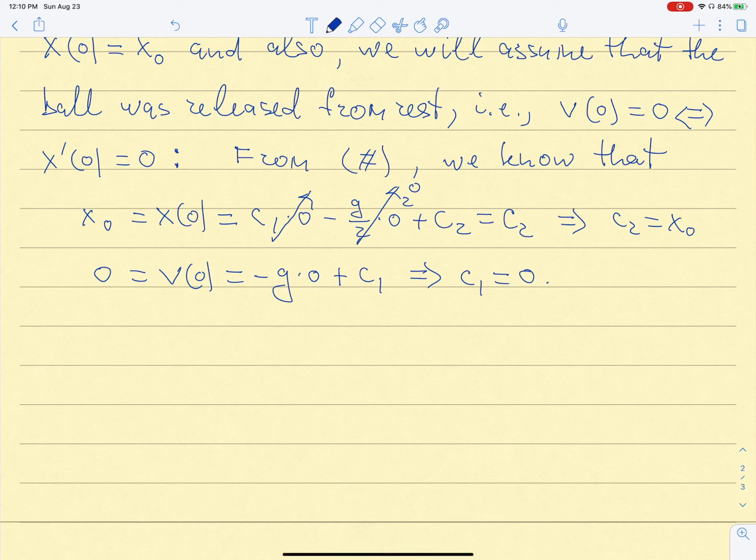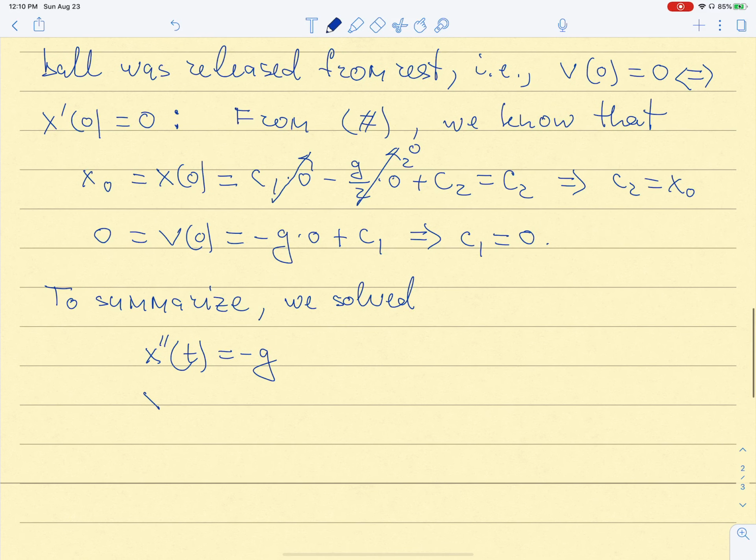And so now to summarize what we did, we solved the following combination of equations. Number one, we had x double prime of t equal to minus g. We were given that x at the time 0 is equal to x0, and we're given also that x prime at time 0 is equal to 0.